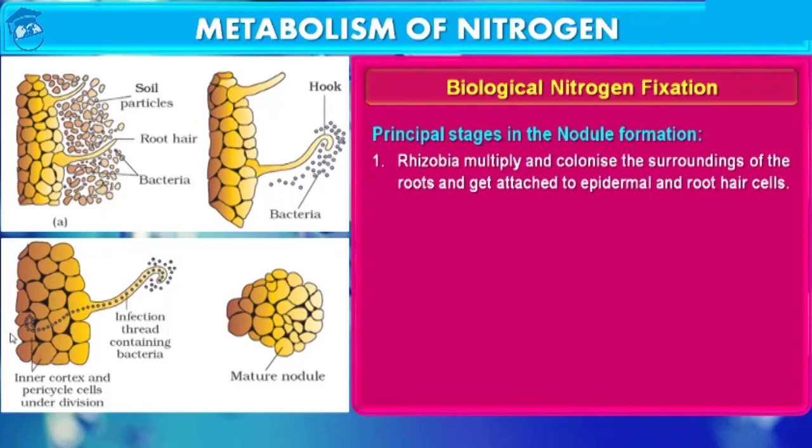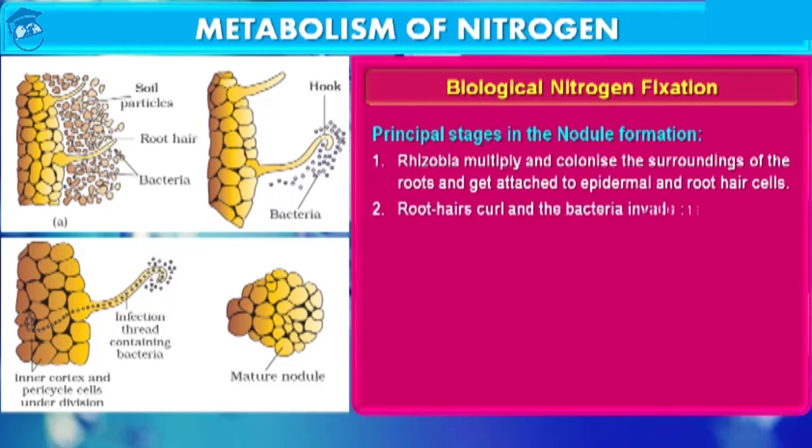Then the bacteria are released from the thread into the cell, which leads to the differentiation of specialized nitrogen fixing cells. The nodule thus formed establishes a direct vascular connection with the host for exchange of nutrients. So this is a symbiotic association.